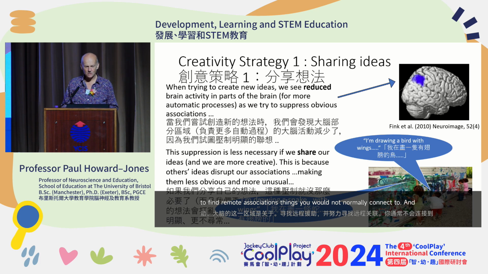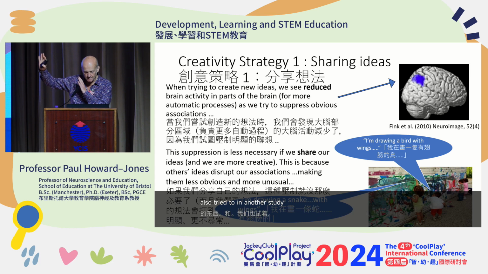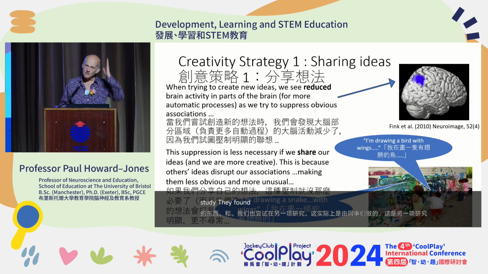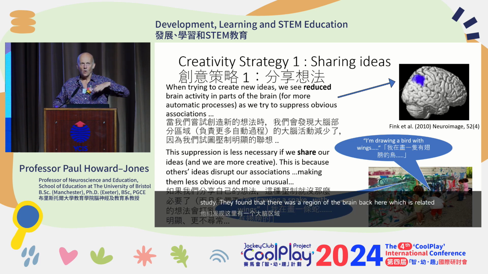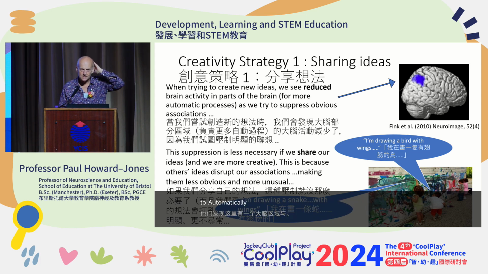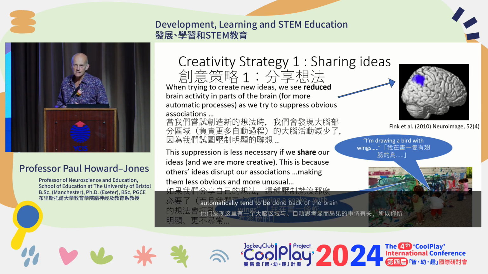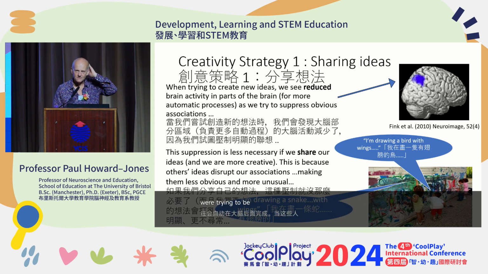And we also tried to, in another study, this is actually done by colleagues, they found that there was a region of the brain back here which is related to automatically thinking about the obvious. So the things that you do automatically tend to be done at the back of the brain. And when these people were trying to be creative, they reduced activation here.